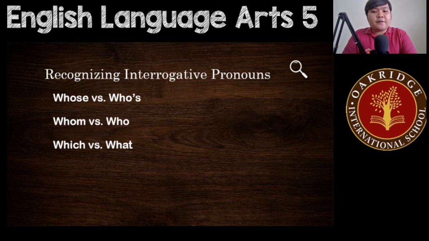The difference of whose and who's. Same pronunciation, differently spelled. Whose, W-H-O-S-E, versus who's, W-H-O apostrophe S. The first one, W-H-O-S-E, is an interrogative pronoun used to replace words that show ownership.